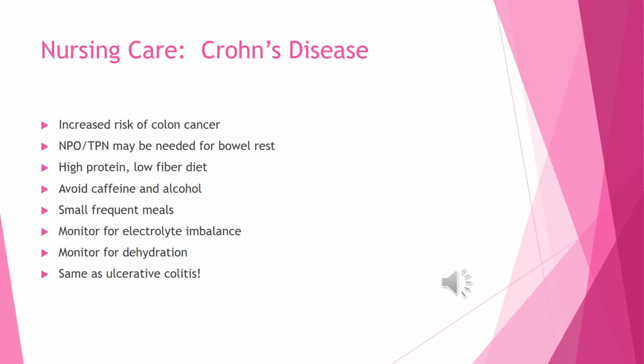High protein, low fiber diet, and avoiding those irritants of caffeine and alcohol. Obviously, electrolyte imbalance and dehydration related to the diarrhea. I've had a couple of patients who actually ended up with ostomies for these diseases just because the diarrhea was so uncontrollable and affected their quality of life.